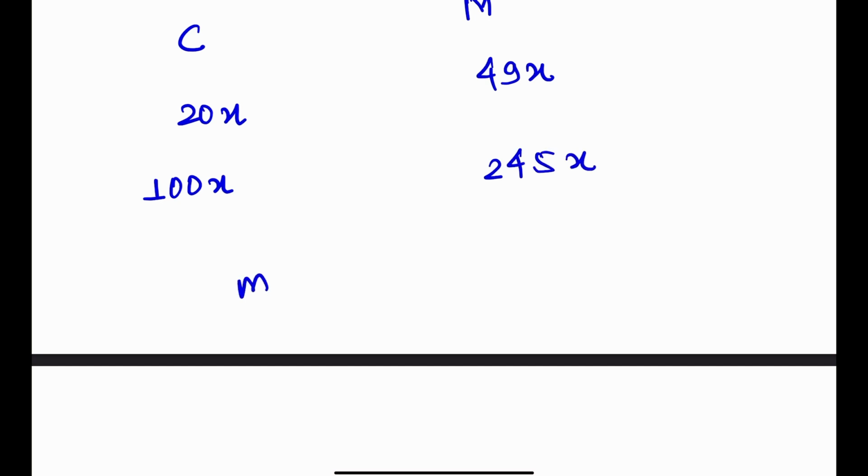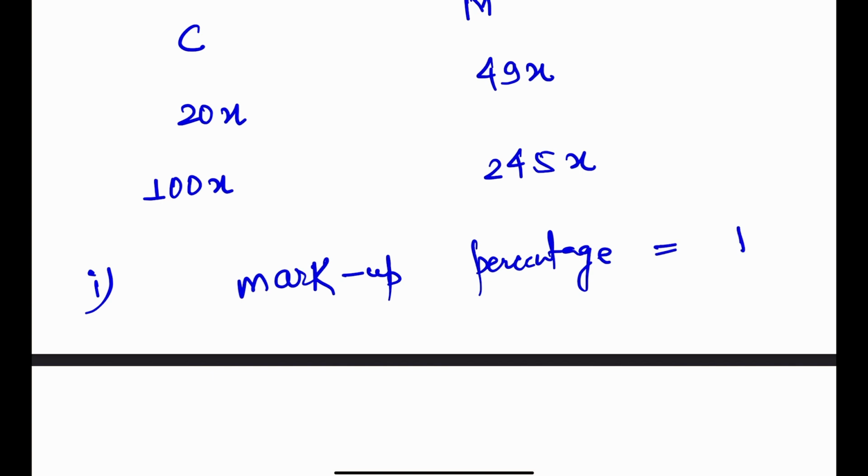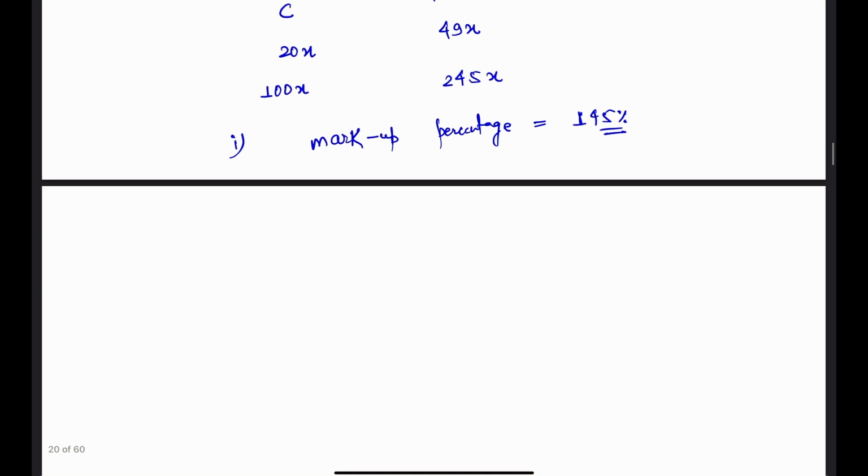So markup percentage will be 145%. How 145? Initially it was 245, so the markup value will be 245 minus 100, 145 upon 100. So markup percentage will be 145%.